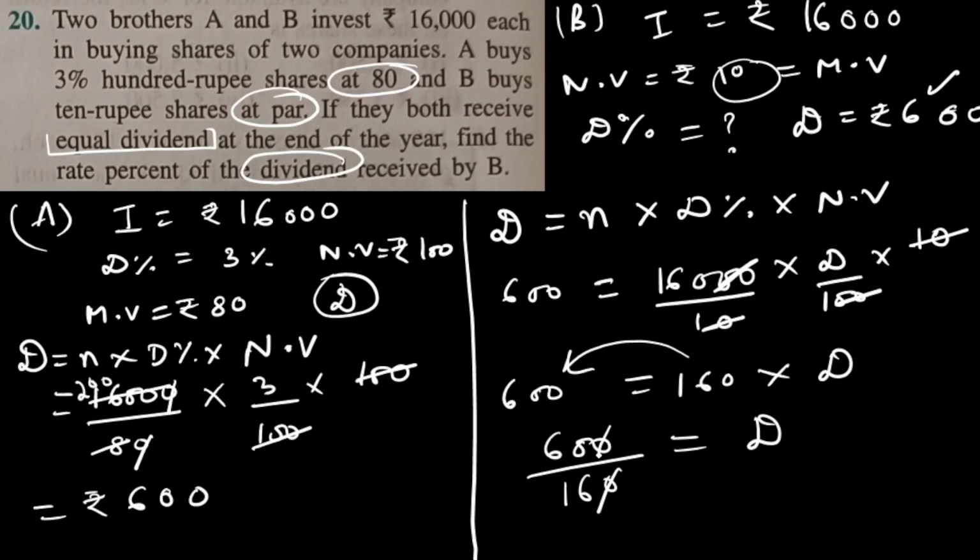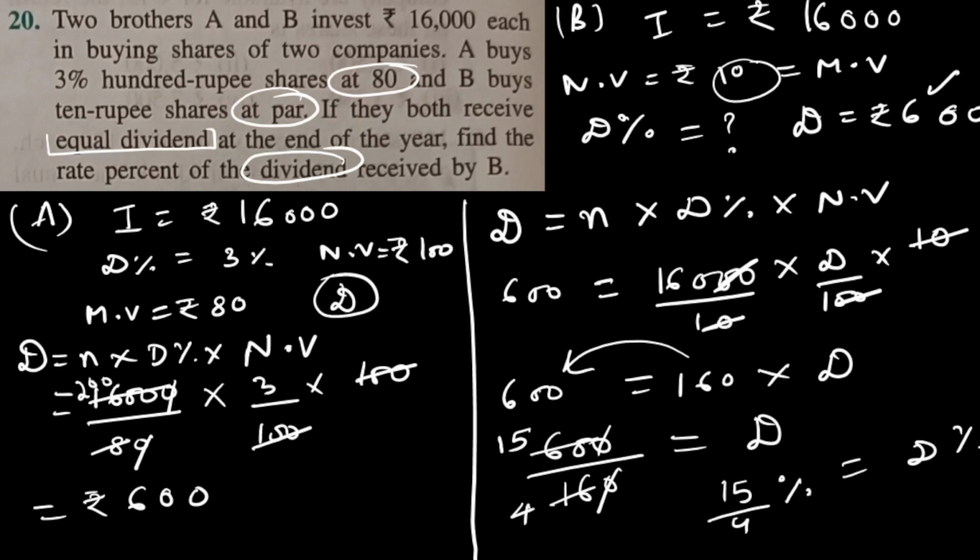0 and 0 got cancelled. We can do it on the 4's table: 4 into 4 is 16, 4 into 1, 4 into 5. So 15 by 4% is equal to dividend percent. If you want, you can convert into decimal.